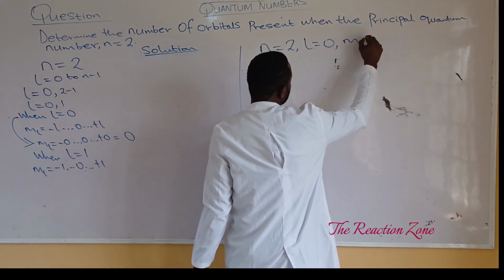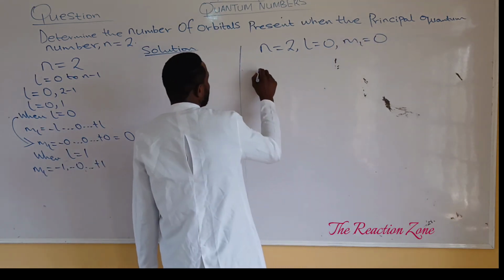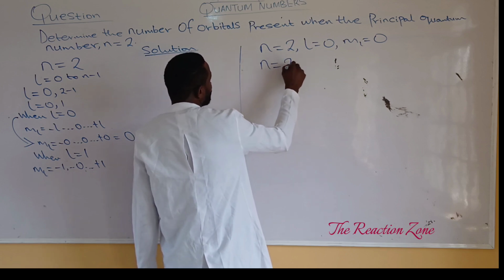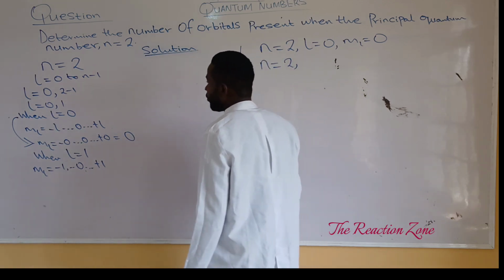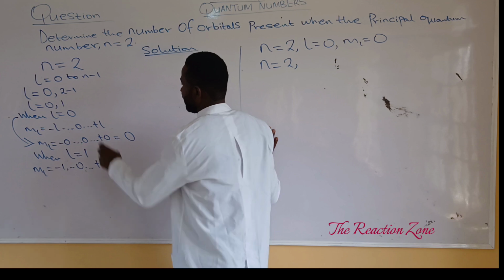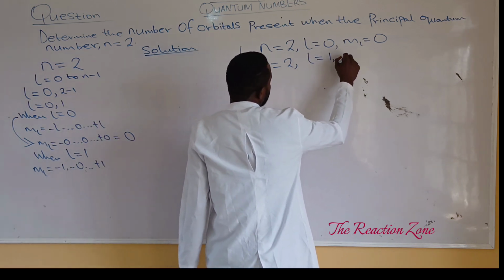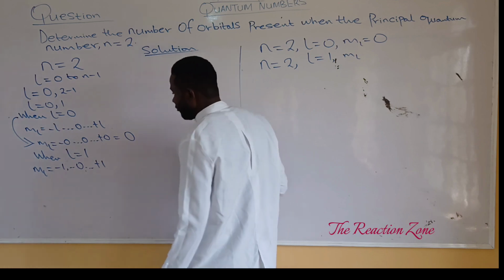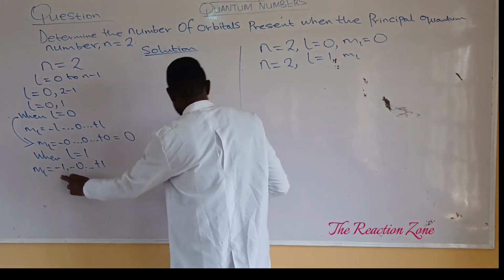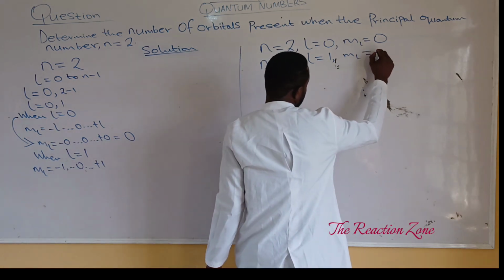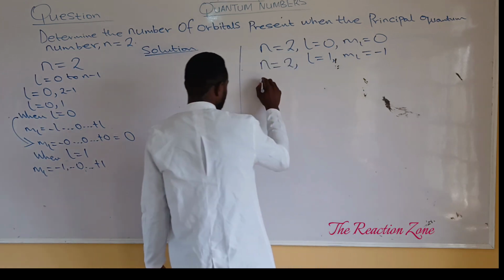So ml is 0. The next one, n is equal to 2. When n is equal to 2, the next value of l is 1. So that is l is equal to 1. When l is equal to 1, the first value of ml is minus 1. So ml is equal to minus 1.